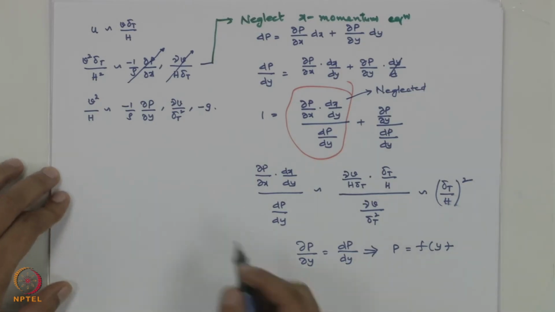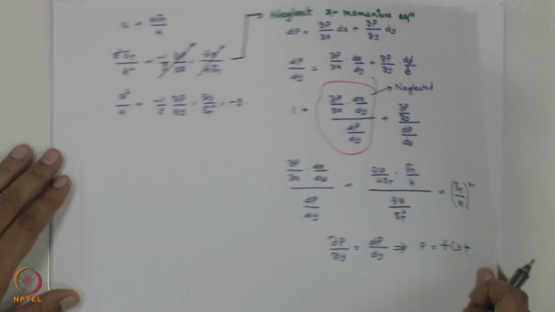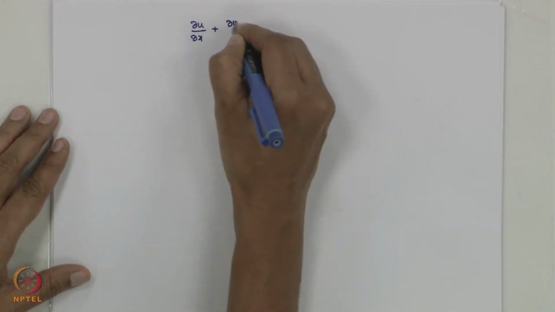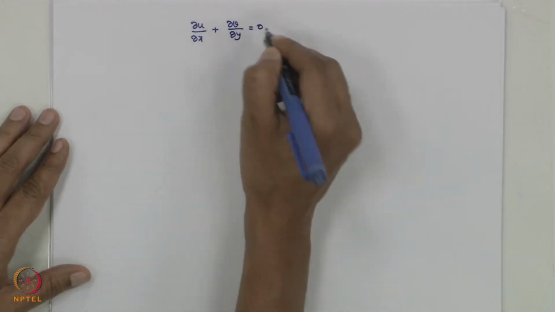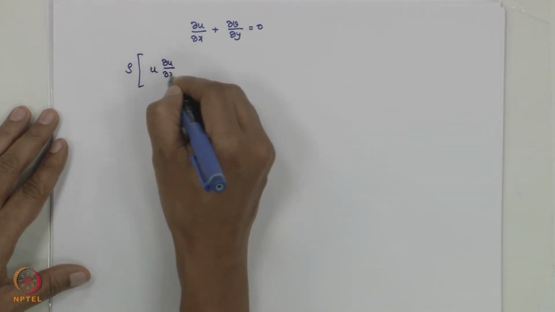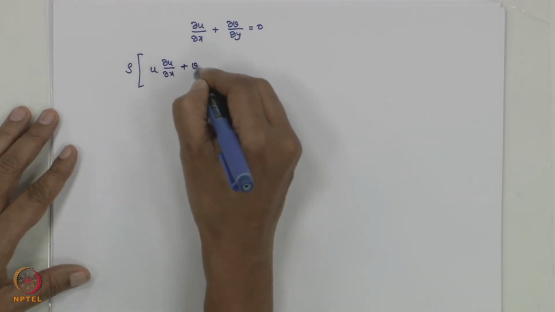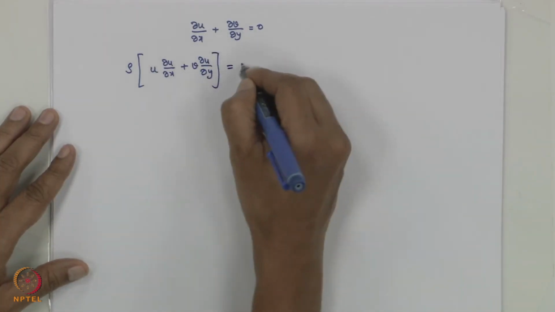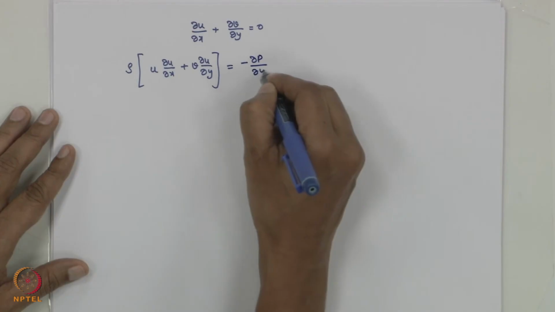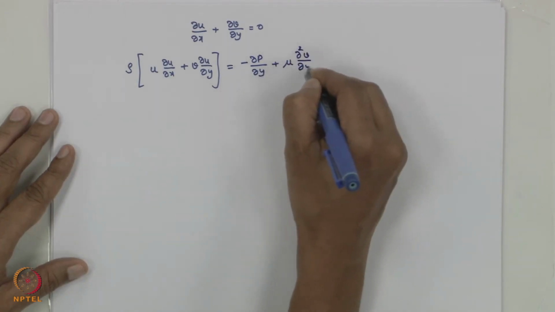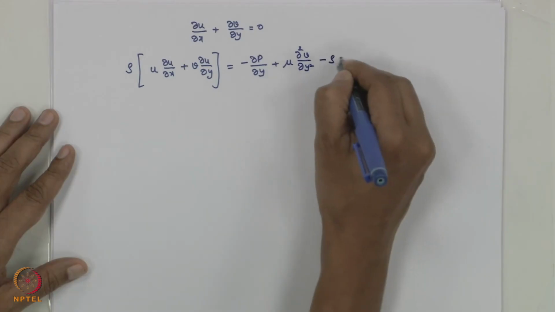So you have del u by del x plus del v by del y equal to 0, rho into u del u by del x plus v del u by del y equals minus del P by del y plus mu del squared v by del y squared minus rho g.